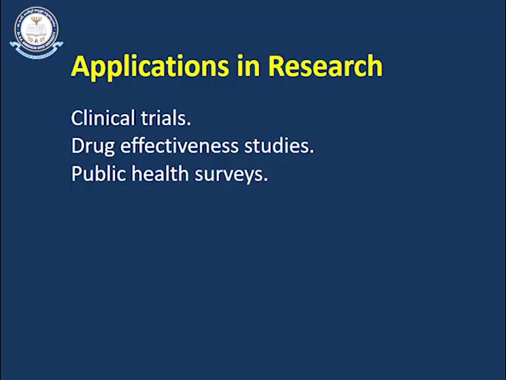There are umpteen applications in research, and especially in medical research. In clinical trials, you use a lot of correlation matrices. You also use them in pharmaceuticals, especially with drugs, to test the effectiveness of drugs with diseases.